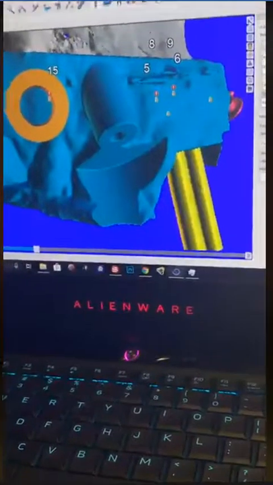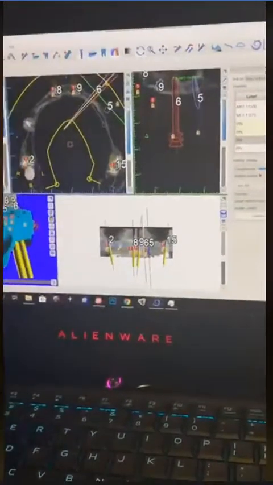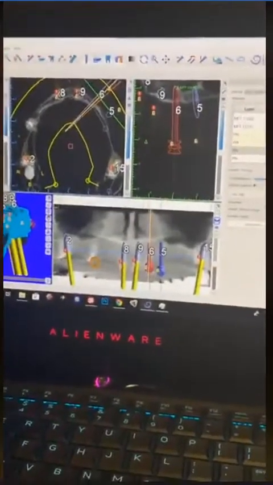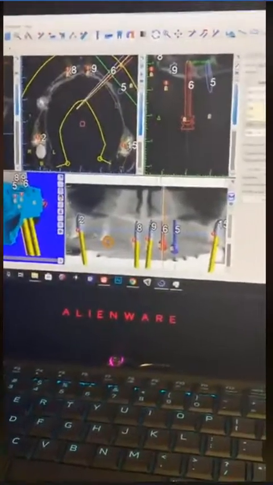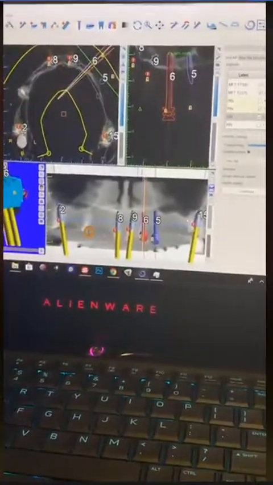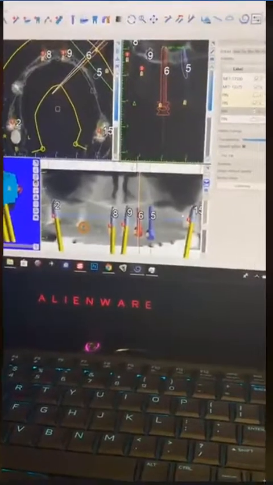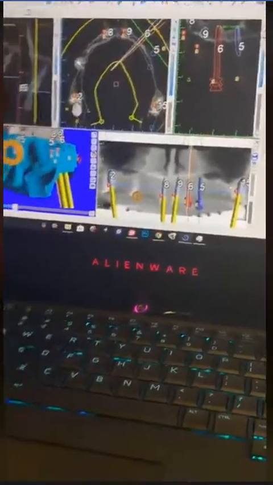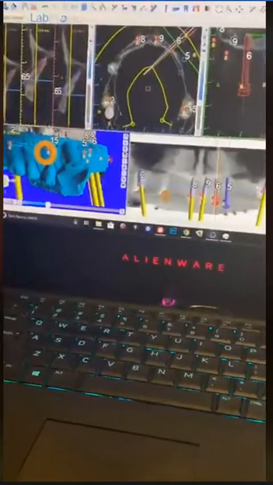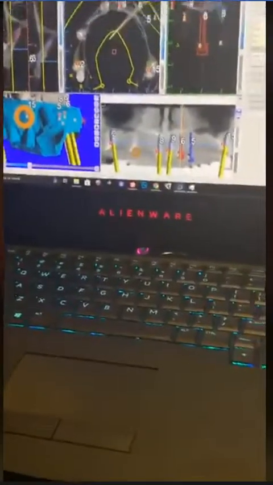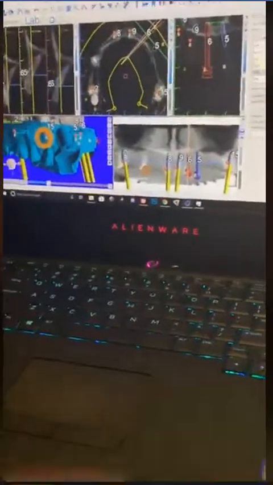So let me just show. So basically the treatment plan is this, and now let me show you a couple of photographs that we have taken to basically try to show you.